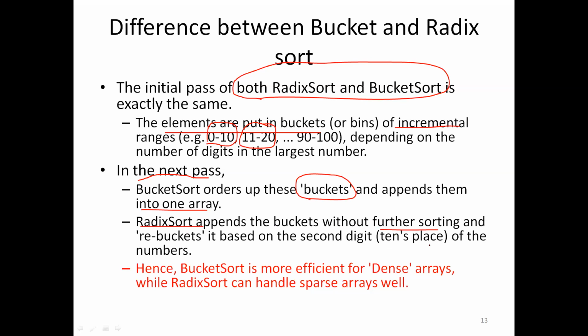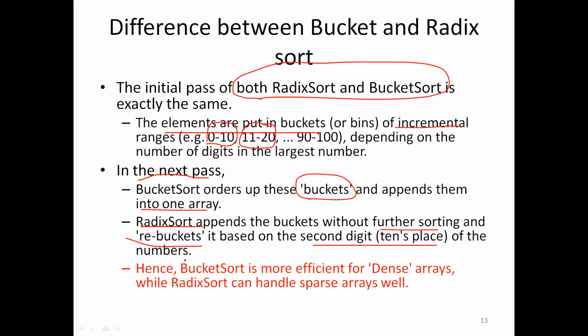Initially, in the first pass, you sort based upon the ones place, and in the second pass you go to the tens place, rearrange the elements and place them in buckets again. That's what re-bucketing is. Like this it goes on. So this is the subtle difference between bucket sort and radix sort.